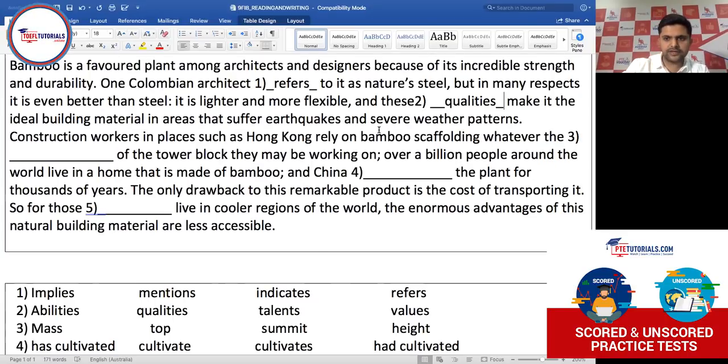Now moving ahead, these qualities make it ideal building material in areas that suffer earthquakes and severe weather patterns. Full stop. Construction workers in places such as Hong Kong rely on bamboo scaffolding, whatever the dash of the tower block they may be working on.